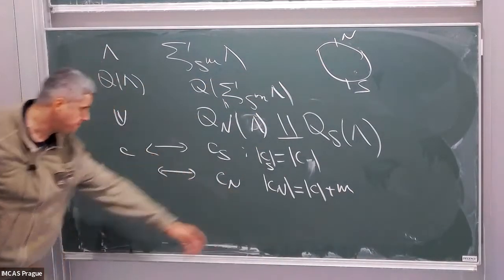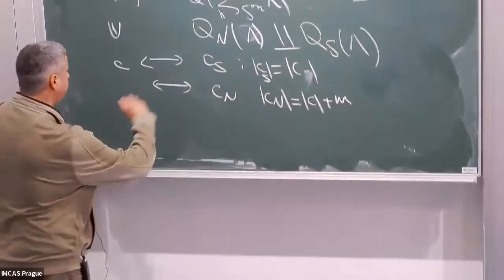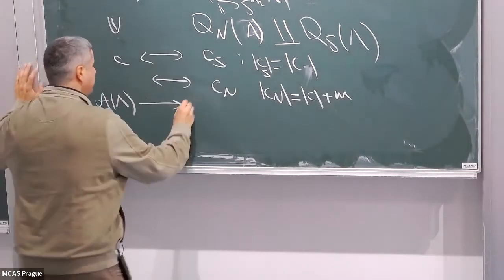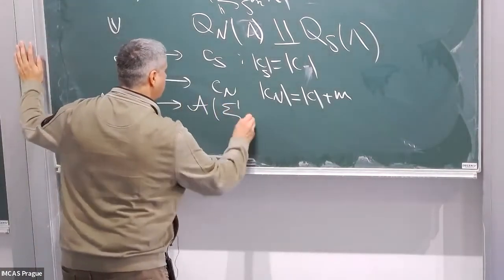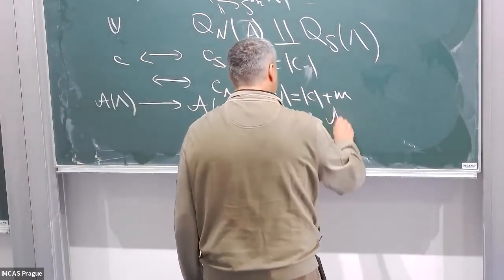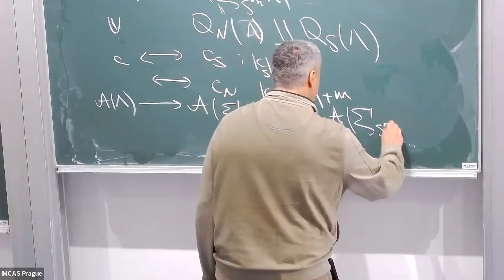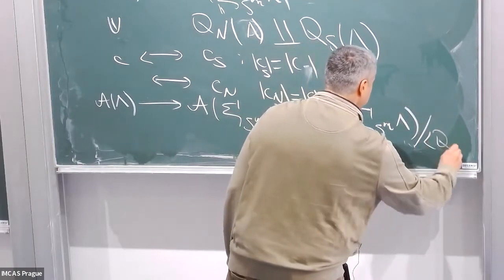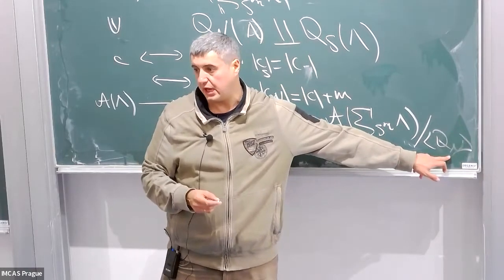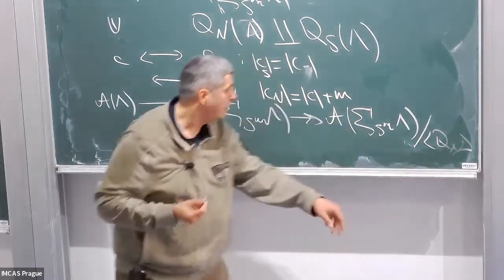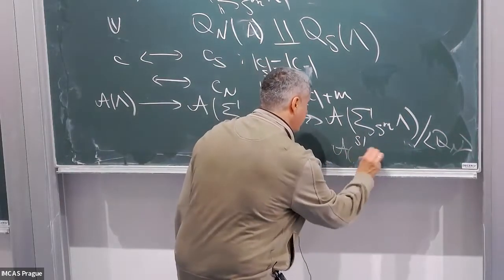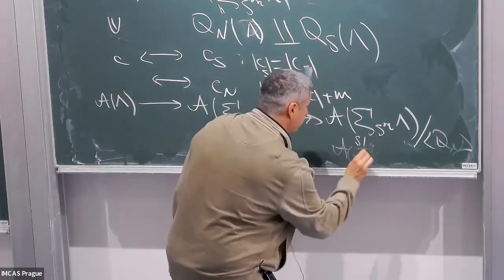So we have this type of correspondence, and there is a map of DGAs, inclusion here and projection there. Here you have basically the ideal generated by these n chords, and this quotient is in fact isomorphic as an algebra to A lambda.